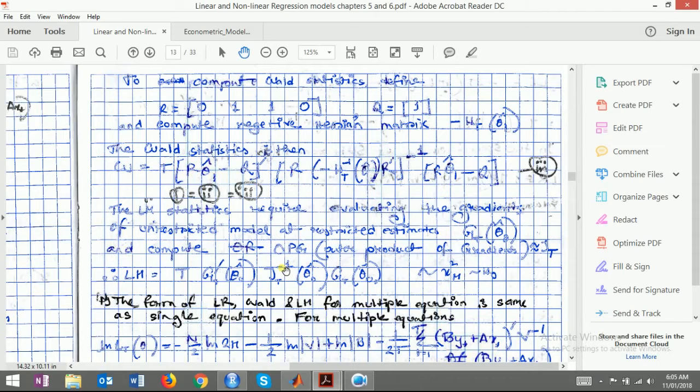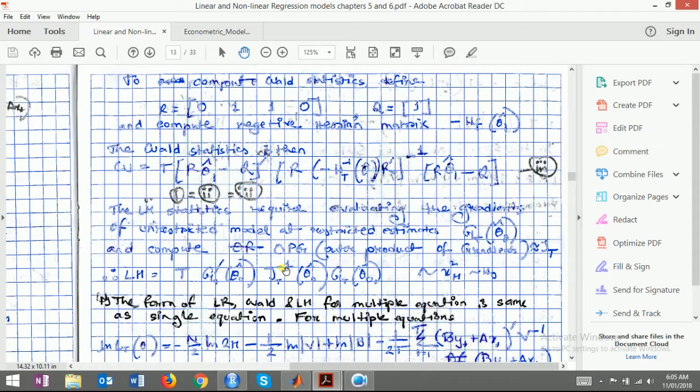J inverse equals the negative information matrix inverse, where the information matrix equals the negative Hessian. Now that's something we always need to remember. The negative Hessian inverse. So that is chi-square.